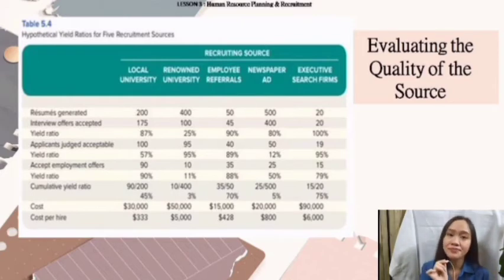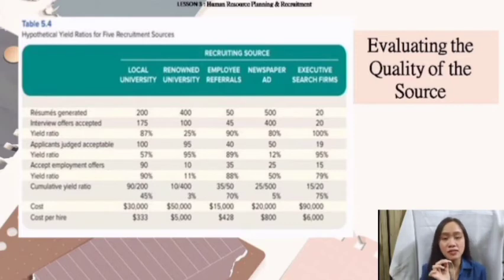By examining this table, we can observe that the highest number of generated resumes are from the newspaper ad, although it has a lower cumulative ratio. Employee referrals, on the other hand, have a good cumulative ratio with a reasonable cost per hire, at the same time as the local university.